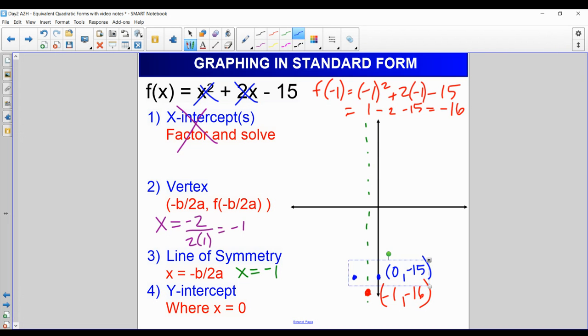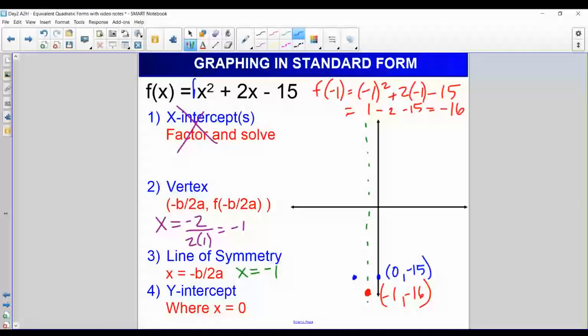Doesn't that also confirm what I know about the shape? If I have an a value here of 1, doesn't it make sense that when I go out 1, I go up 1? So I could use that to then go ahead and figure out some more points on that.